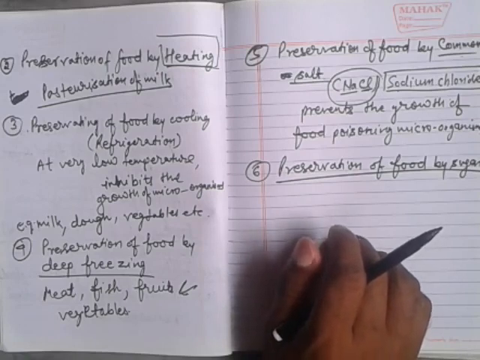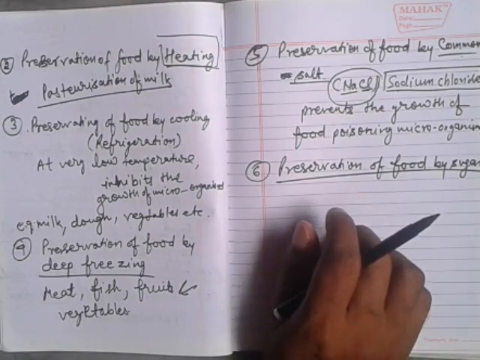All of you know that sugar is used as a preservative in making jams, pickles, etc. It reduces the moisture content from the fruits.